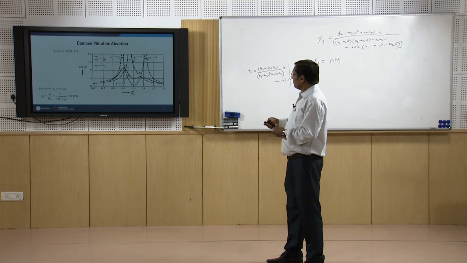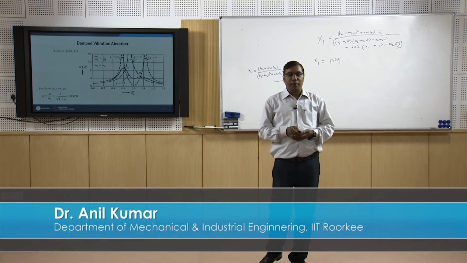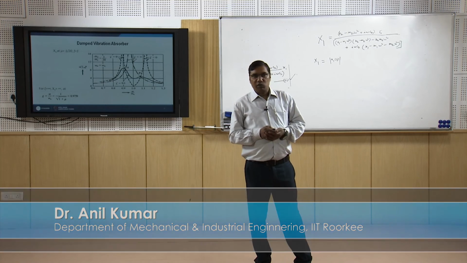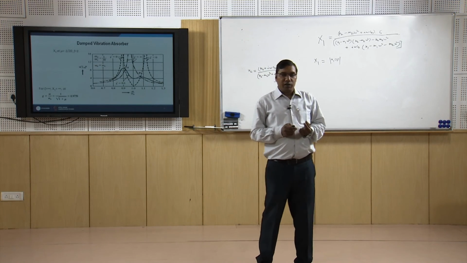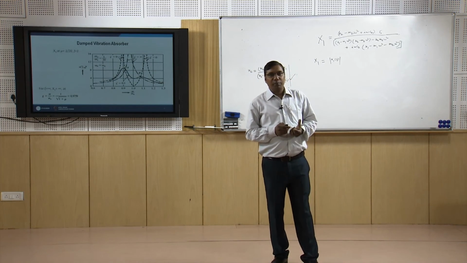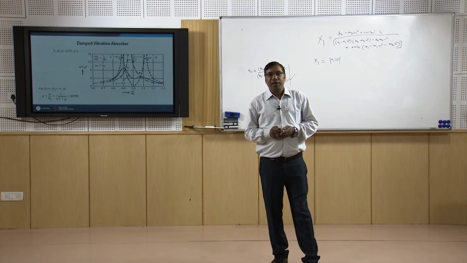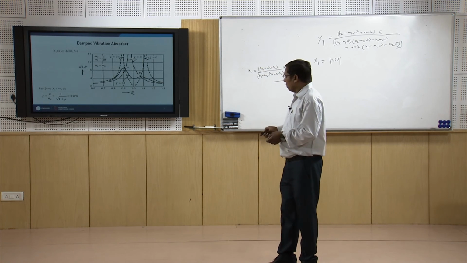For other values of damping between 0 and infinite, we will get some minimum amplitude. So this damped absorber, for certain values of damping between 0 and infinite, will give some finite values of the amplitude of x1.